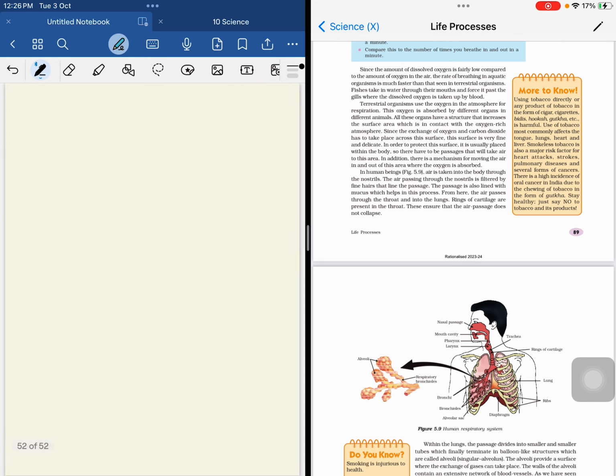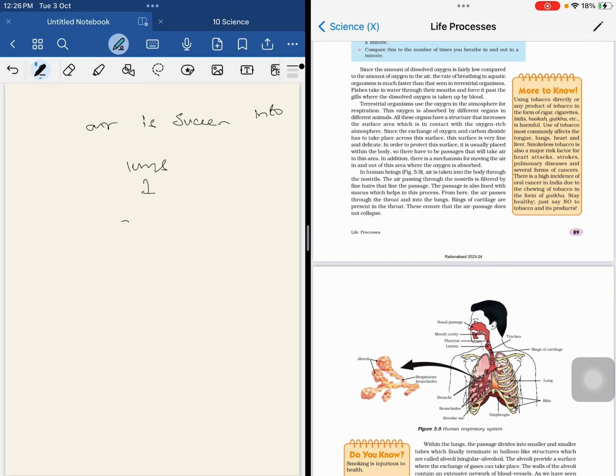Whenever the air is sucked into the lungs, it reaches the alveoli. So listen carefully. These are alveoli.